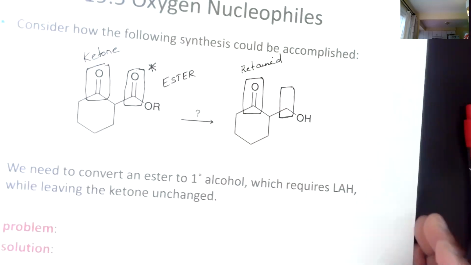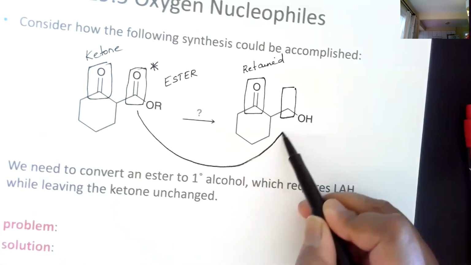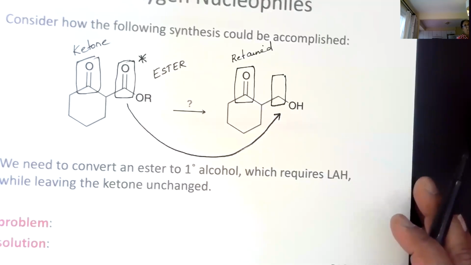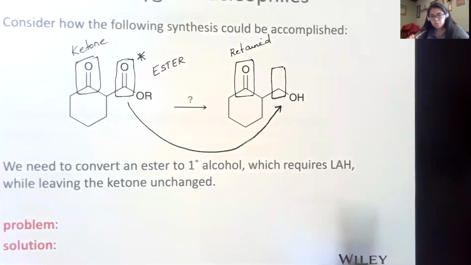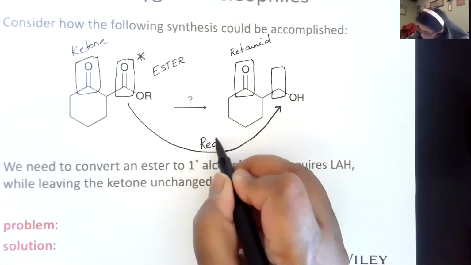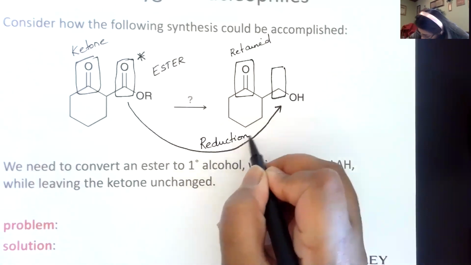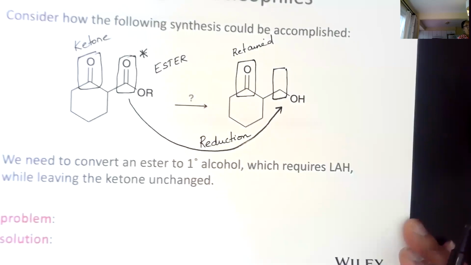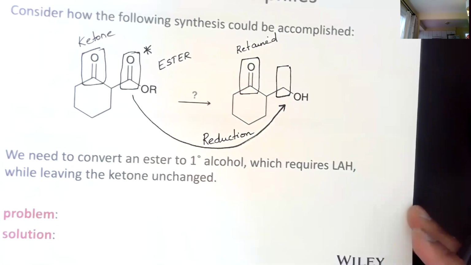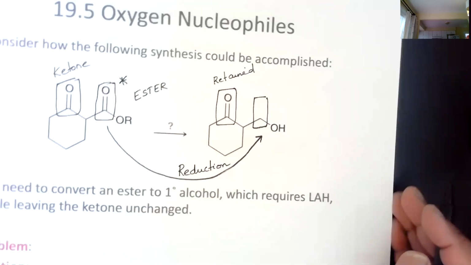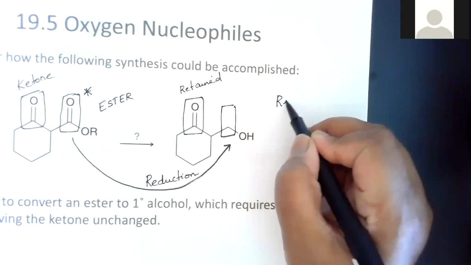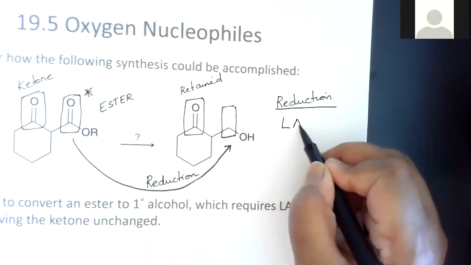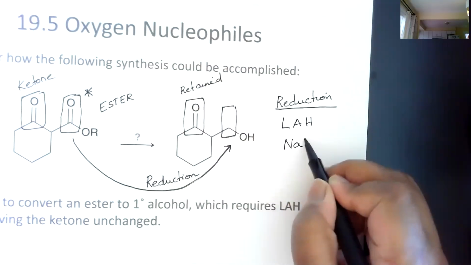So the ester is reacting. What reaction is this? What do you call that reaction? Reduction. Reduction. Very good. Now, do you remember what you need for ester reduction? What are the reagents normally used for reduction? LAH or, okay, there's the other one. It was like NaBH4. NaBH4.